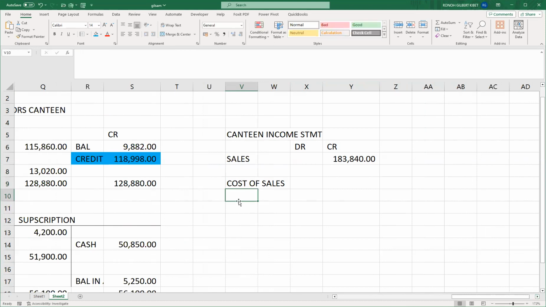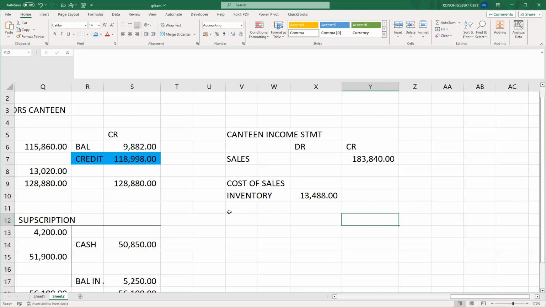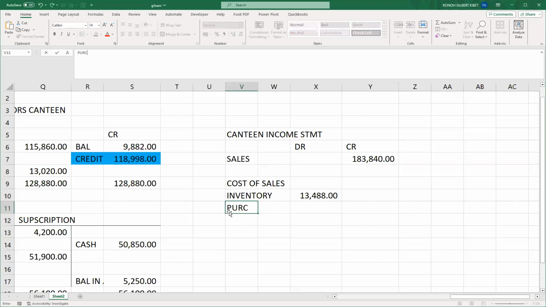Cost of sales, we start with the inventory. I remember opening inventory is 13,488. And then we have purchases, which we had already calculated here, 118,998.